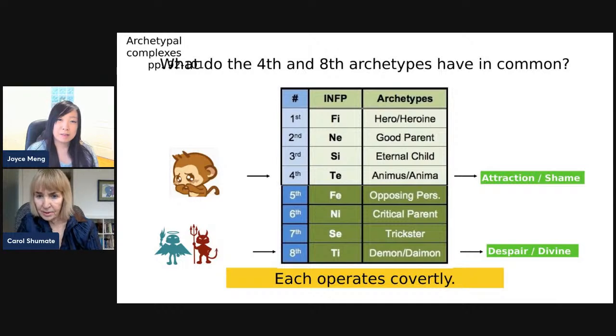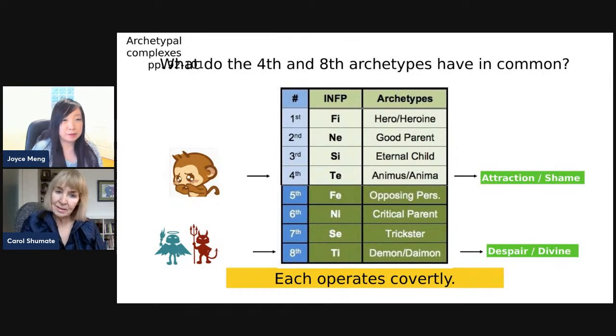And then the fourth and the eighth, what do those have in common? Well, the eighth is the demonic, daimonic, and daimonic means miraculous or divine. So I have both an angel and a devil there. And I think both of these archetypes operate covertly.